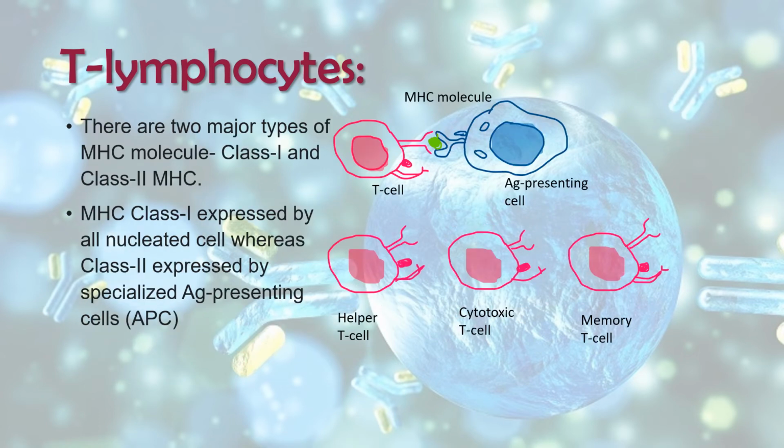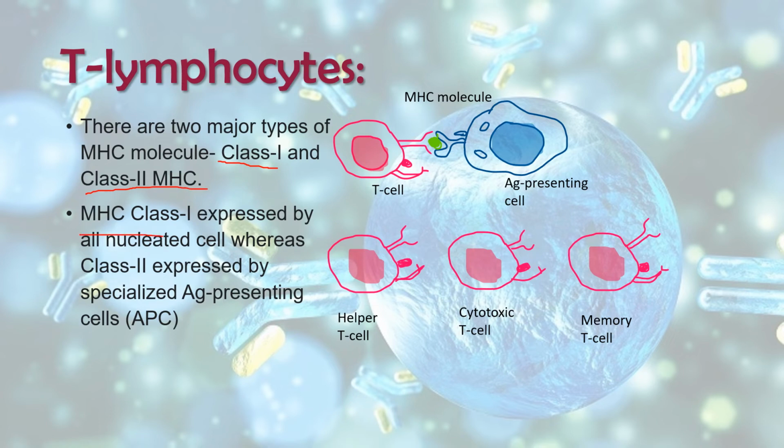Now let's study how the T cells bind to the MHC molecule, which is presented by an antigen presenting cell. There are basically two major types of MHC molecules. The first is class 1 MHC molecule and the second is class 2 MHC molecule.